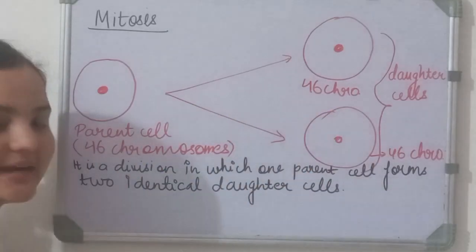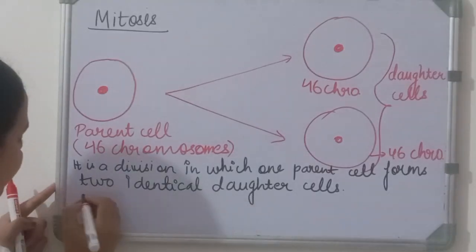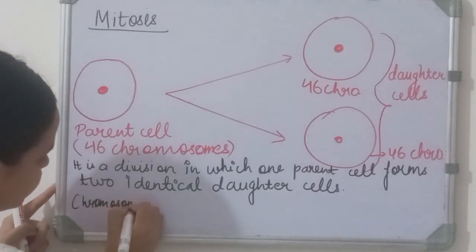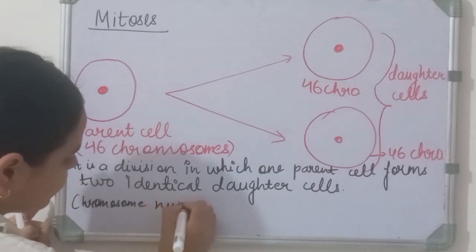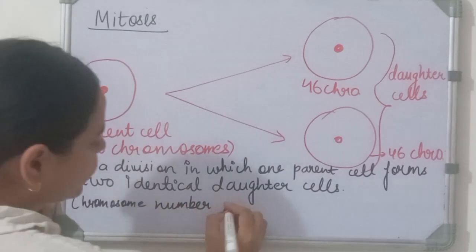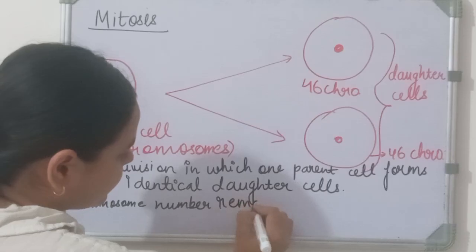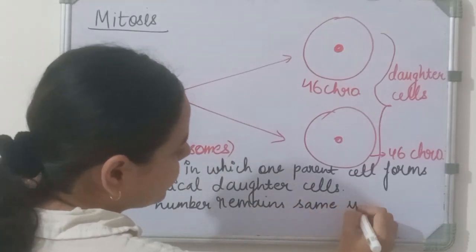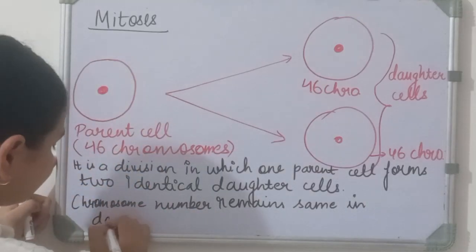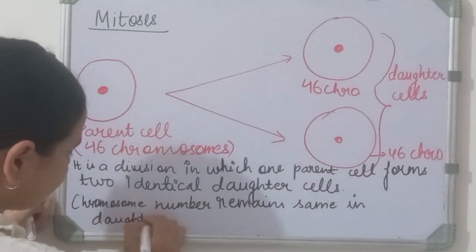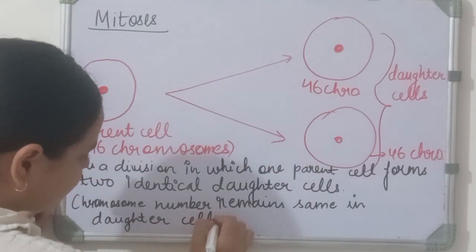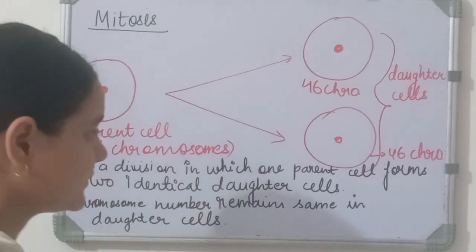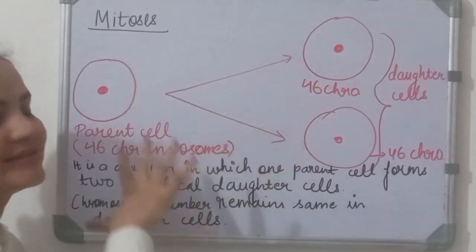So let's write this point also: chromosome number remains the same in daughter cells with respect to the parent cell. I hope it is clear.